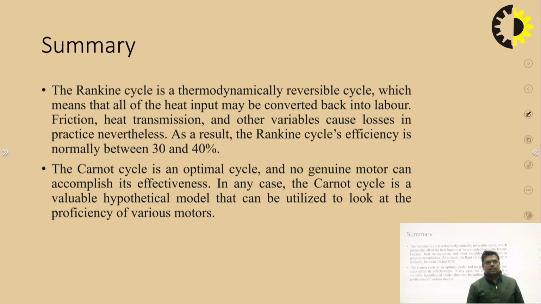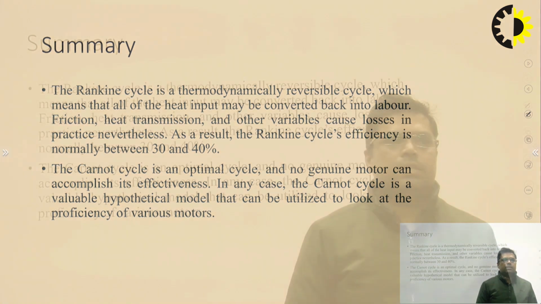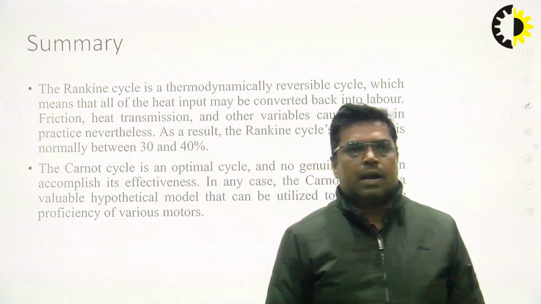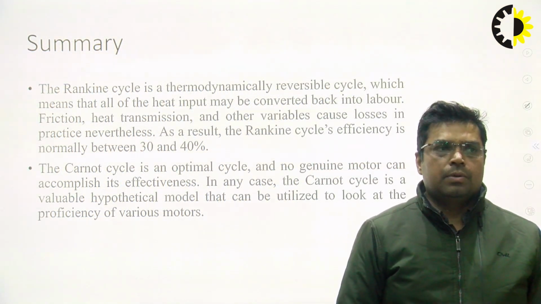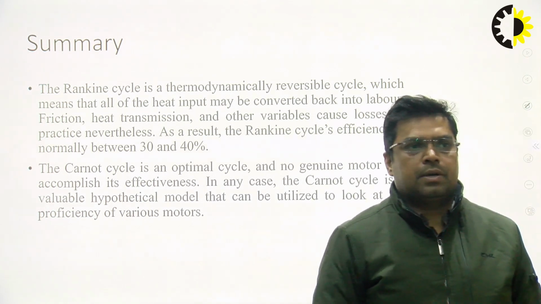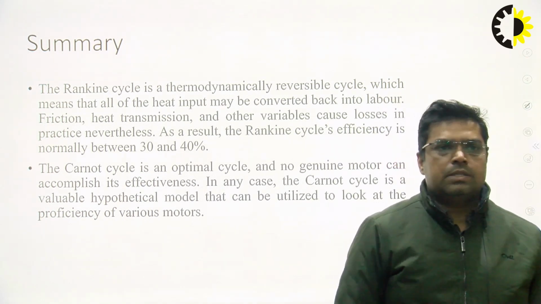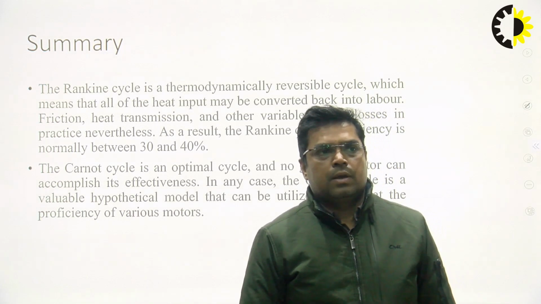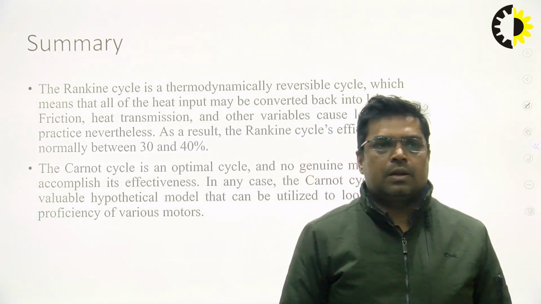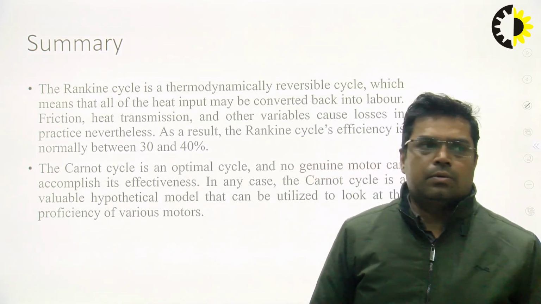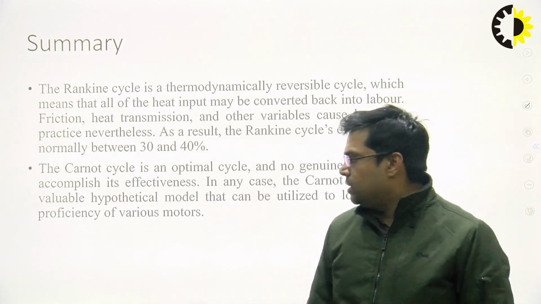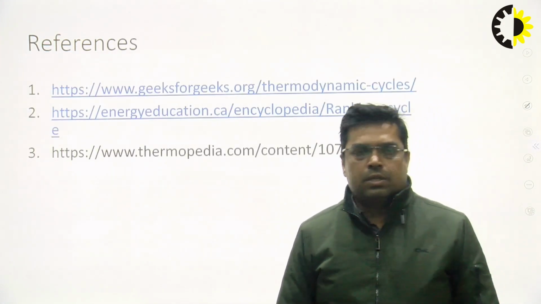As a result, the Rankine cycle efficiency normally works out to 30 to 40%, or generally about 35%. The Carnot heat engine cycle is an optimal cycle and no genuine motor can accomplish its effectiveness. In any case, the Carnot heat engine is a valuable hypothetical model and can be utilized to look at the efficiency of various motors. So these are the references.